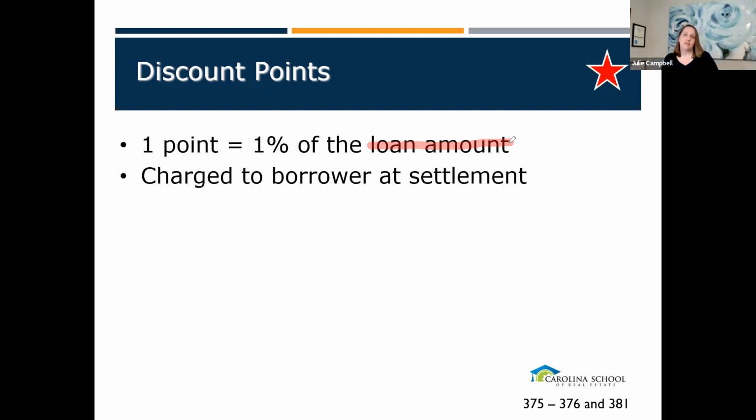So there are lenders out there right now that will not let you originate a loan without buying discount points. So a discount point, we will see a debit to the buyer, and the number of discount points equates to the percentage of the loan. This is the one I'll guarantee that you're going to see. We'll do some examples in just a second. What questions do I have on the first piece?